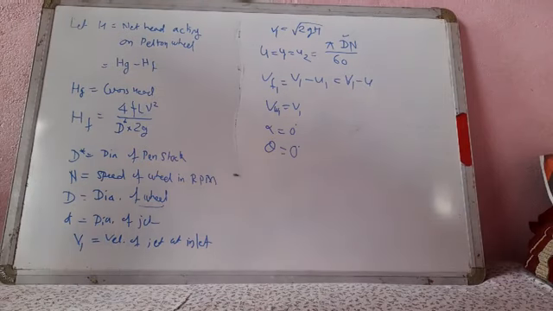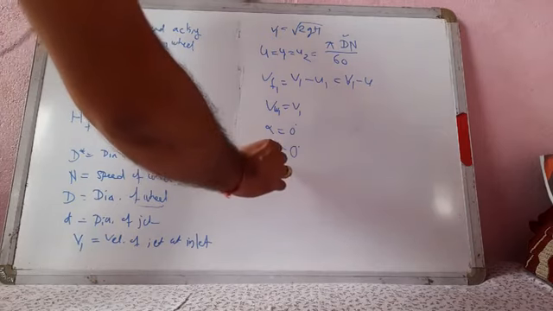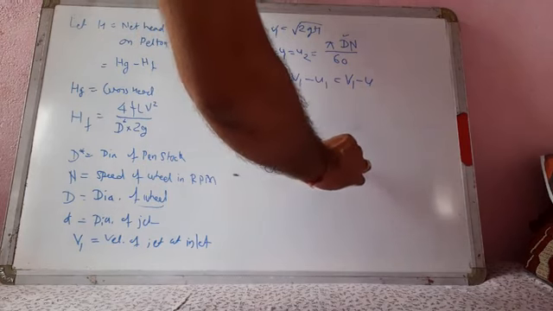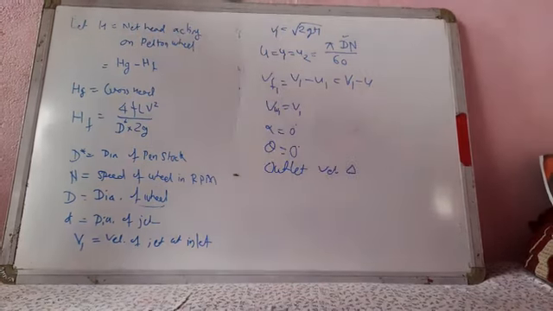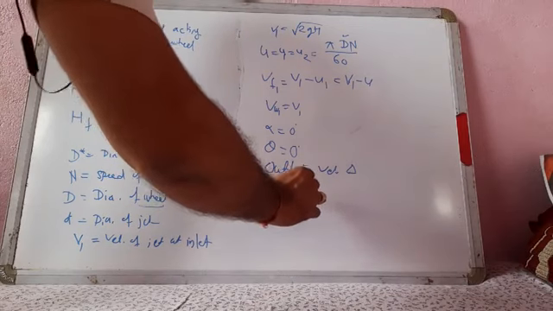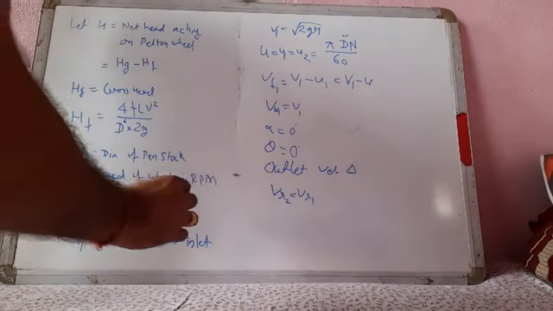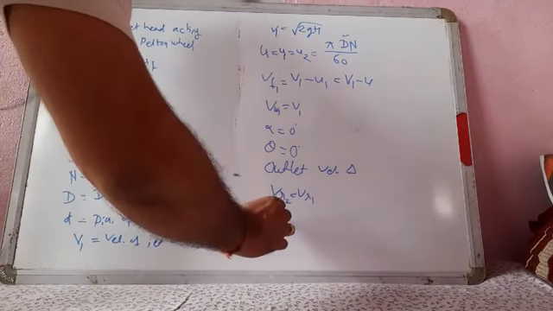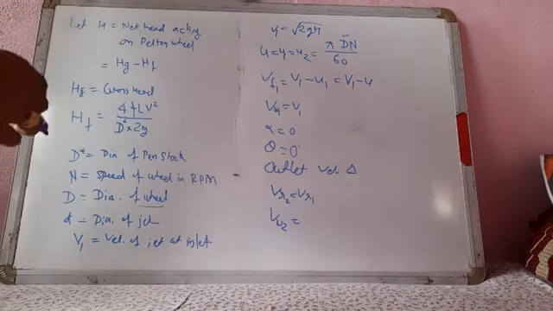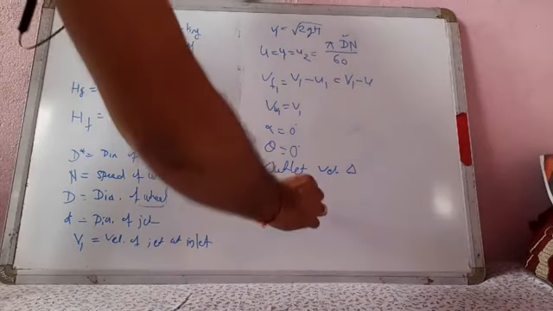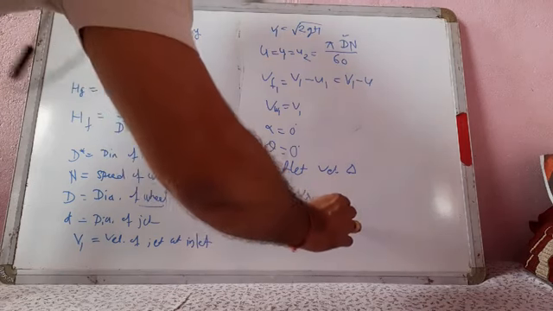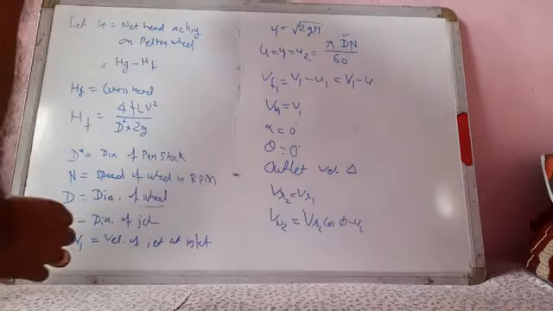From the velocity triangle at outlet, we know VR2 equals VR1, and VW2 equals VR2 cos phi minus U2.